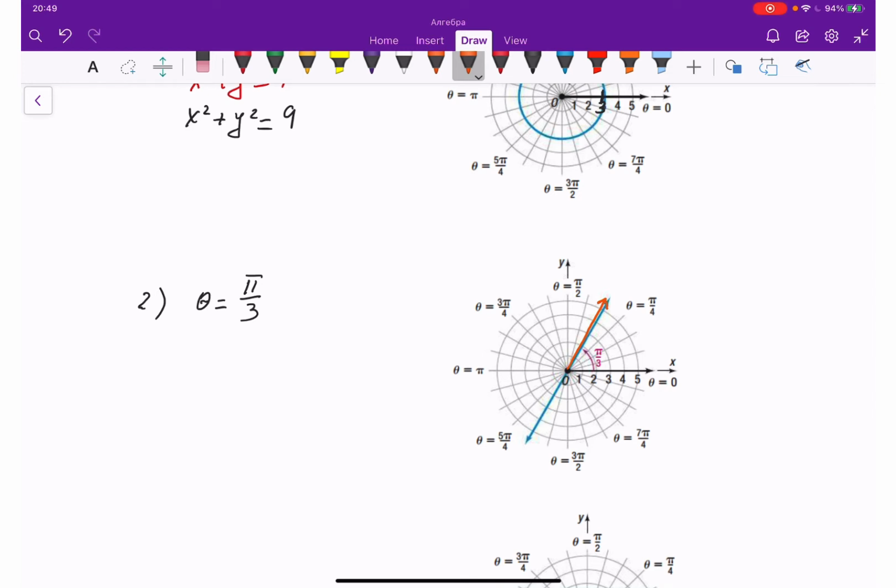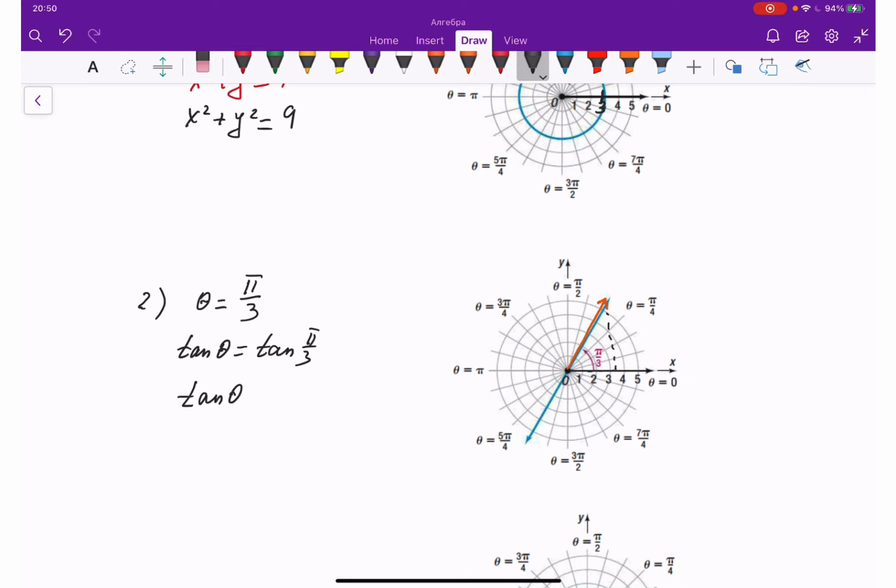So this is straightforward, but if we want to represent how it will look in the rectangular system of coordinates, I'm going to take the tangent on both sides. Tangent theta equals tangent π/3. Since tangent is nothing else but the opposite leg divided by the adjacent leg, the opposite leg is going to be our y and the adjacent leg is going to be our x.